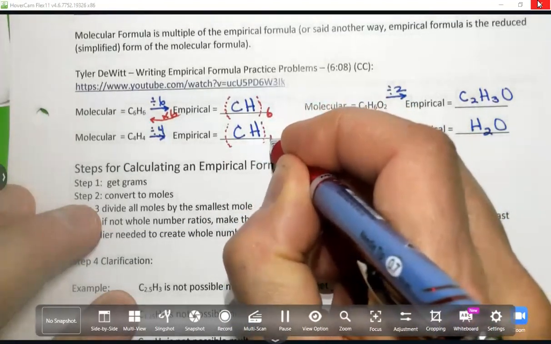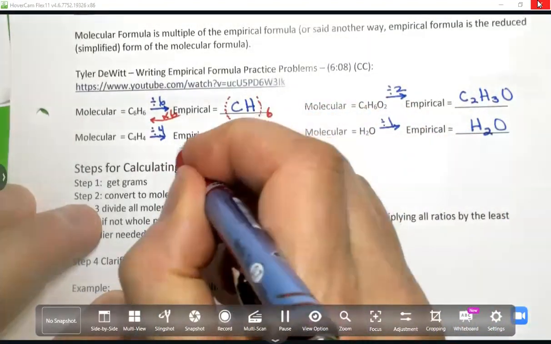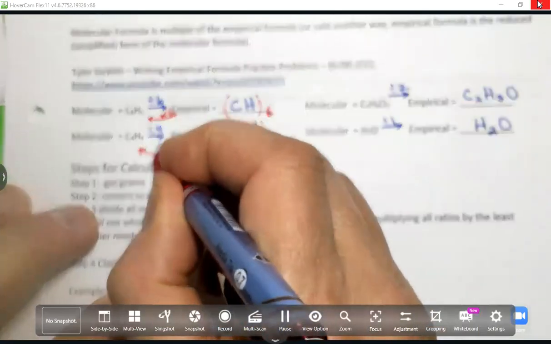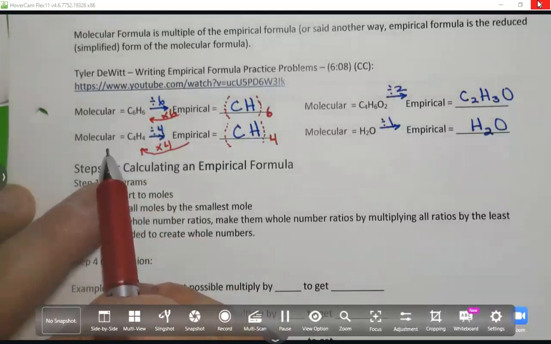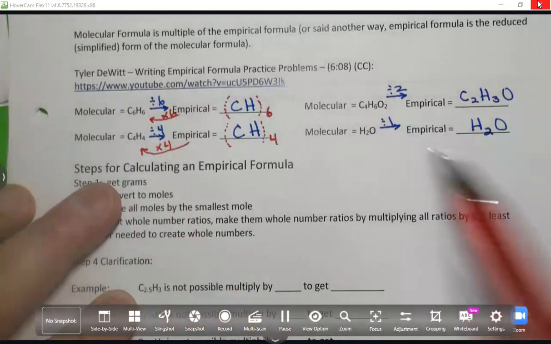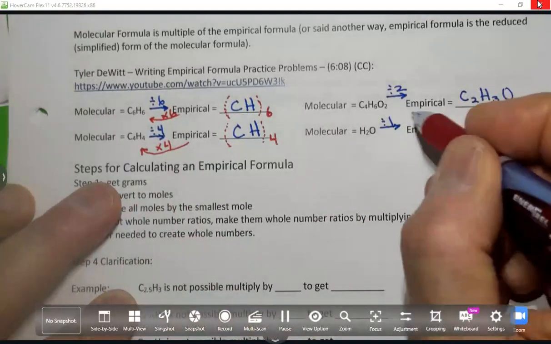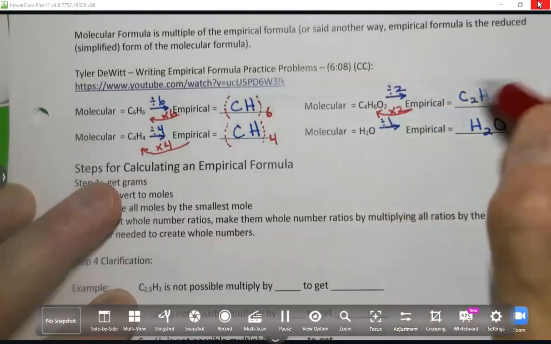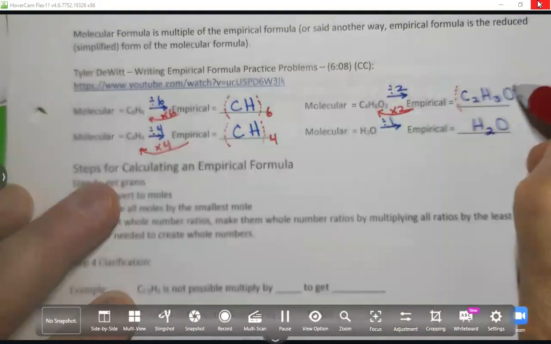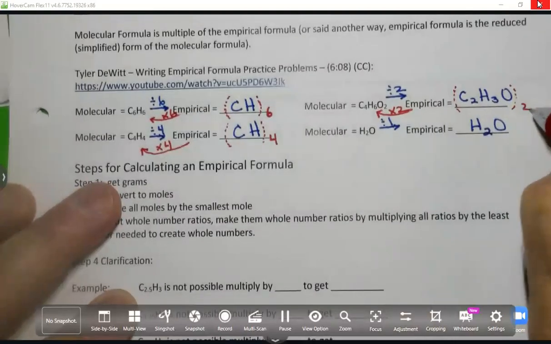If I multiply this by 4, going back the other way, I would go from empirical to molecular. If I multiply this one by 2, that's what we're going to calculate.